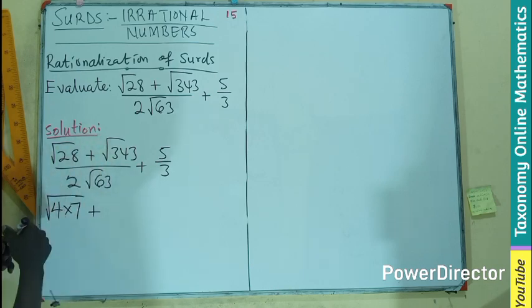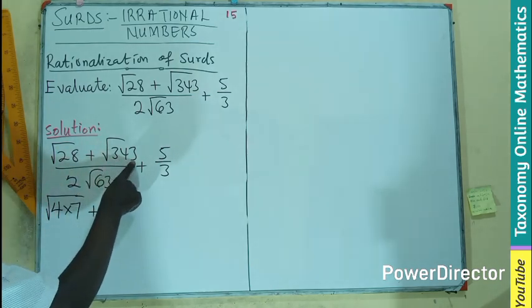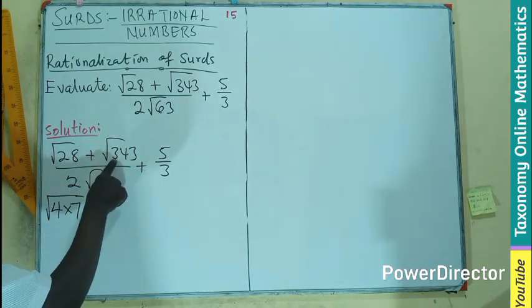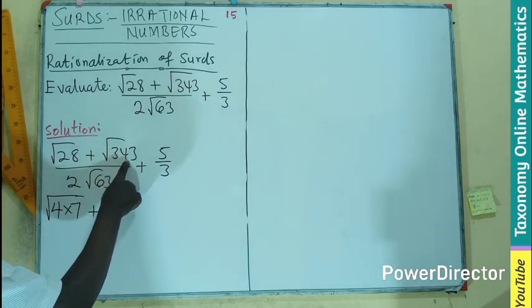For this one, 2 cannot go. 3 itself cannot go because 7 plus 3 is 10. So we go to 5, 5 cannot go. We go to 6, 6 cannot go.